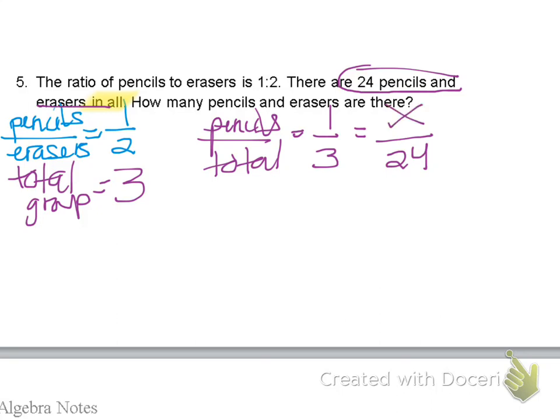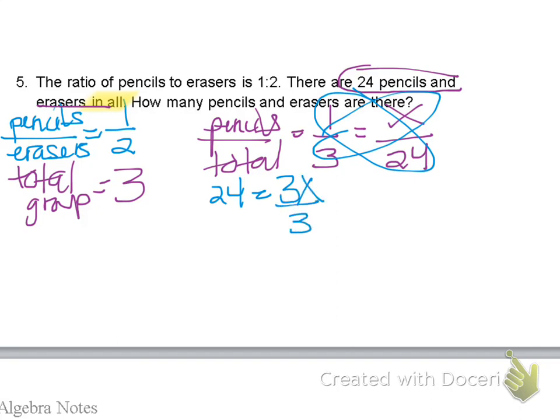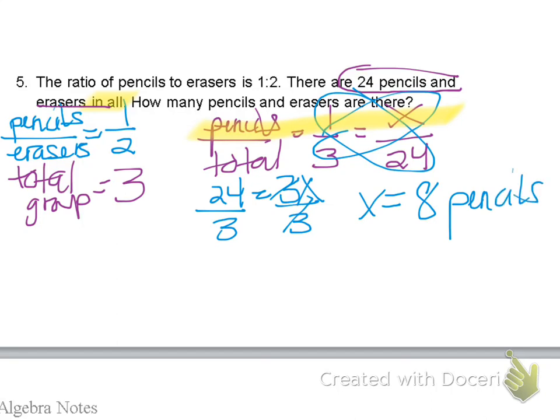So we can use cross products. 24 times 1 is 24, and 3 times x would be 3x. Then we can just divide by 3, and we would have x equals 8. And x was representing pencils. So we have 8 pencils out of 24 items.